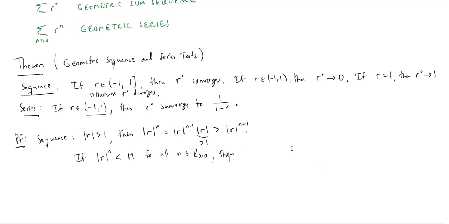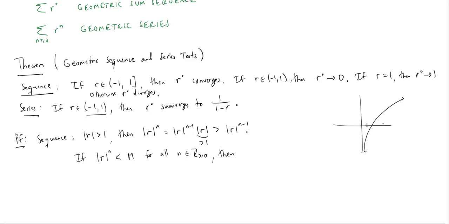All right, we're going to try to build some sort of contradiction because we actually think this thing is going to blow up. So we play this trick. Let's take the natural logarithm of both sides. And since the natural logarithm is an increasing function, that tells us that when I take the natural logarithm, it's not going to change the order of the inequality. Smaller inputs will lead to smaller outputs, right?